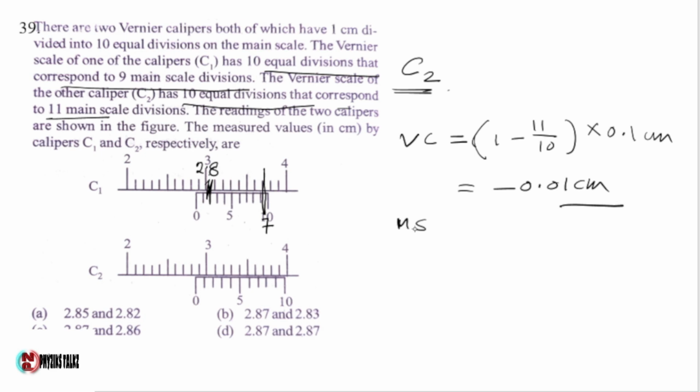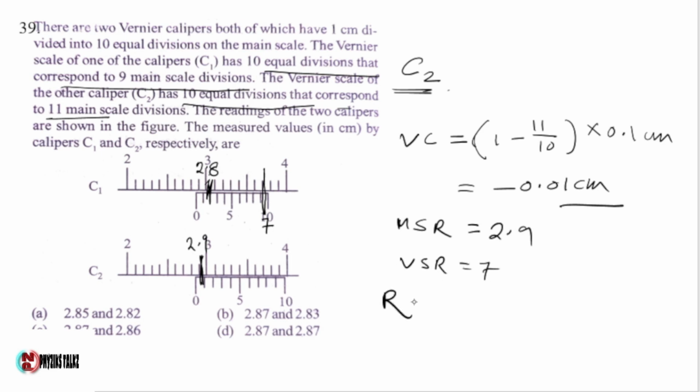Now here MSR is the maximum value of this reading, which is 2.9. So the MSR is 2.9 and VSR is 7.